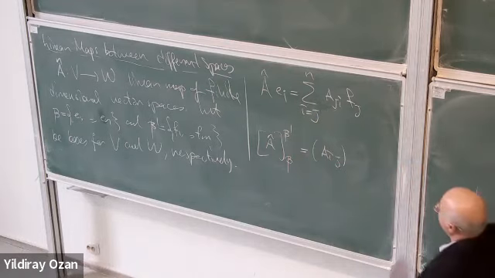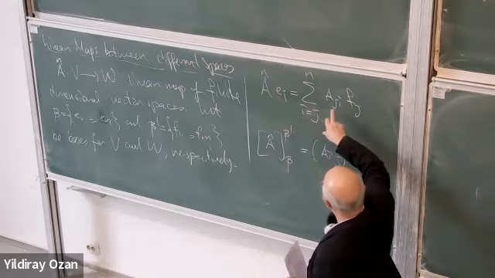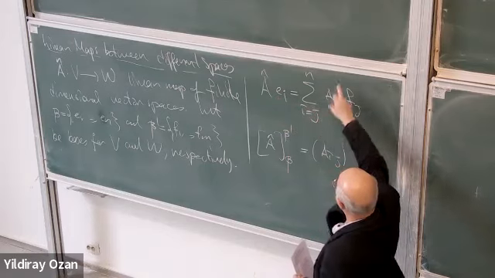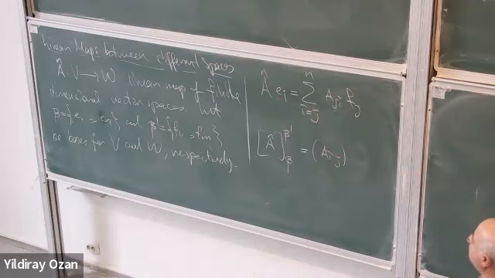So the coefficients here form the ith column, right?